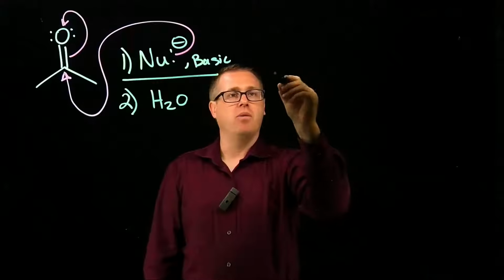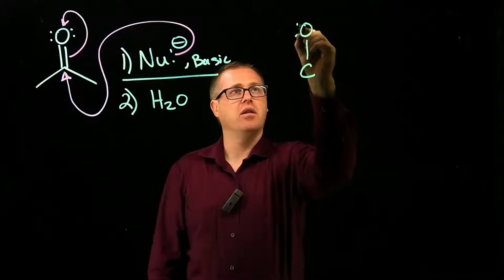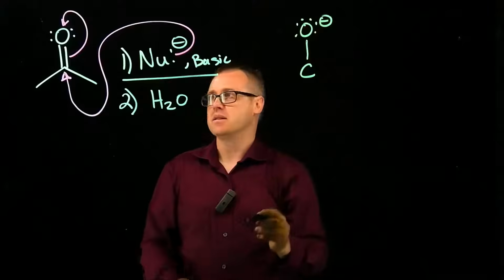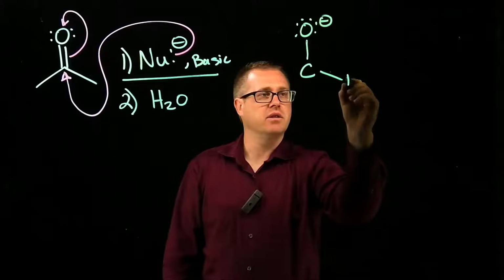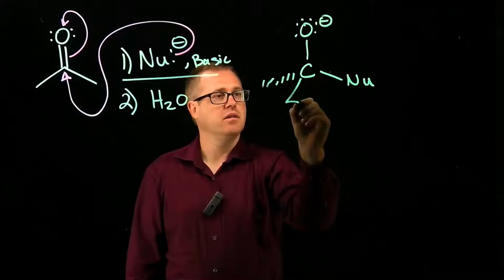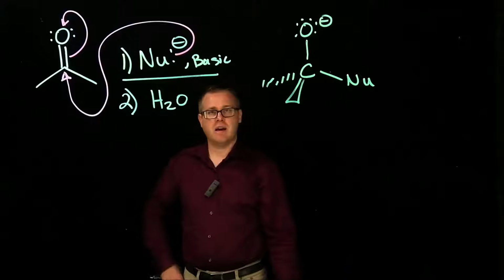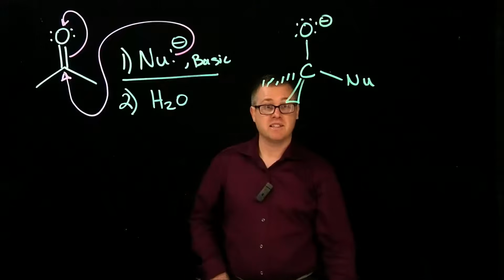Now we get our carbon with a negative charge, our nucleophile attached, and our methyl groups like that. And now we've generated our tetrahedral center.